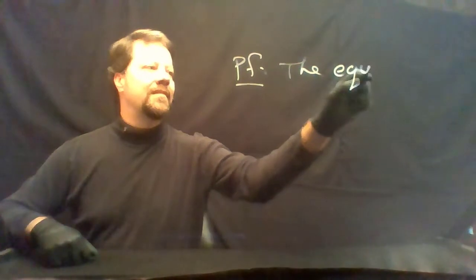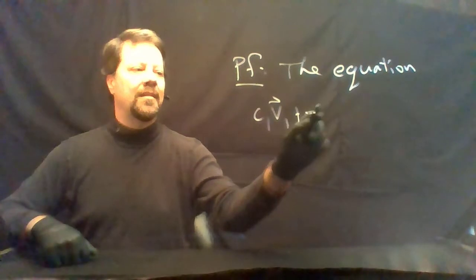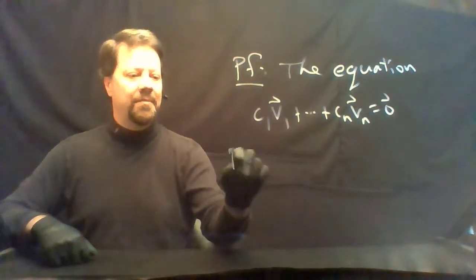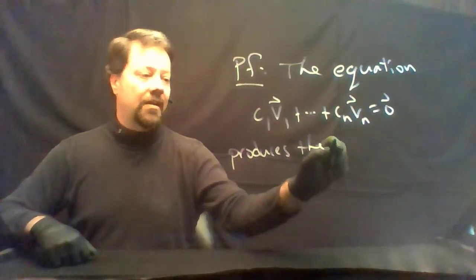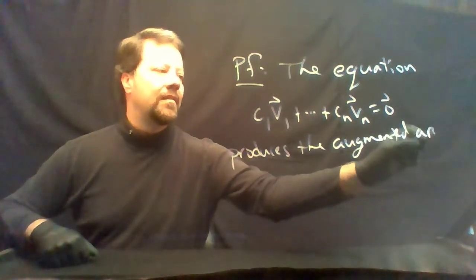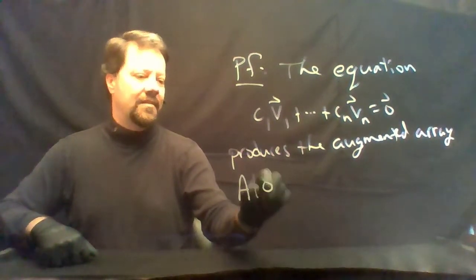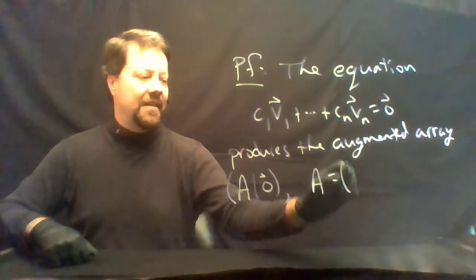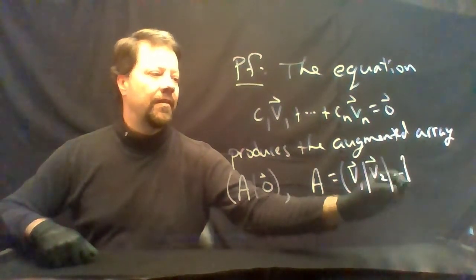The equation C1v1 through Cnvn equals 0 produces the augmented array A0, where A is the matrix V1, V2 through Vn.